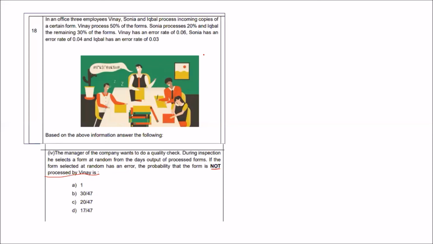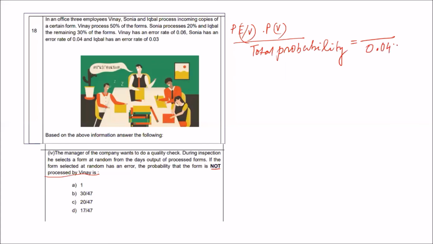Okay, so error from Vinay is equal to, how to get it? It will be probability of error from Vinay into probability of Vinay by total probability. The total probability we have already got. How much? It will be 0.047.